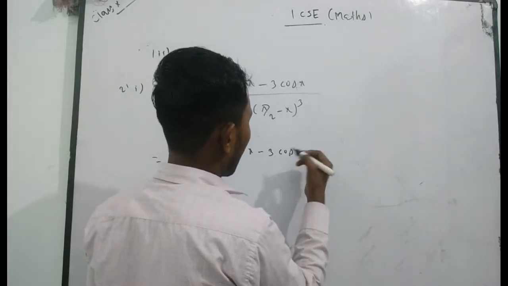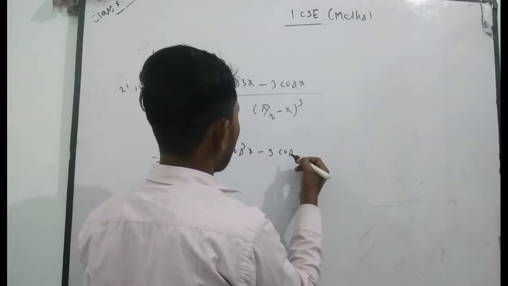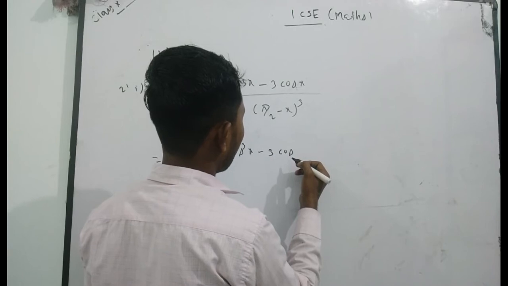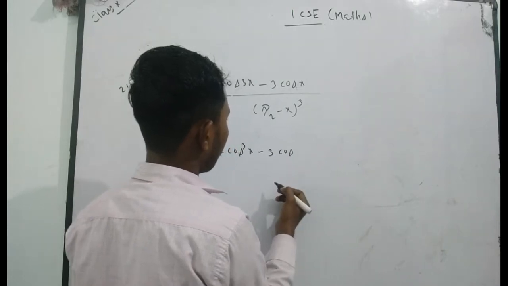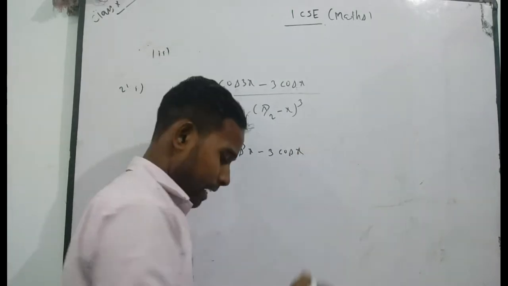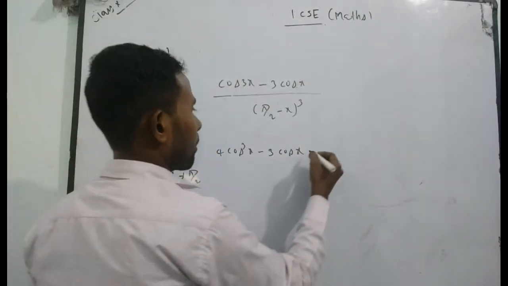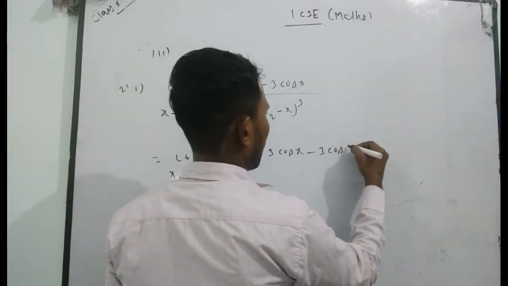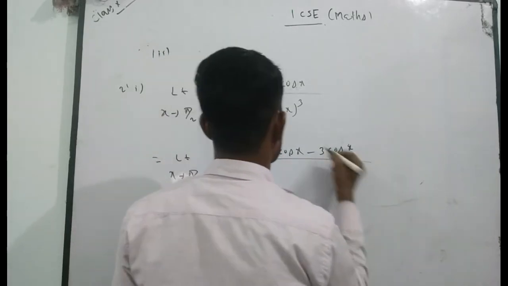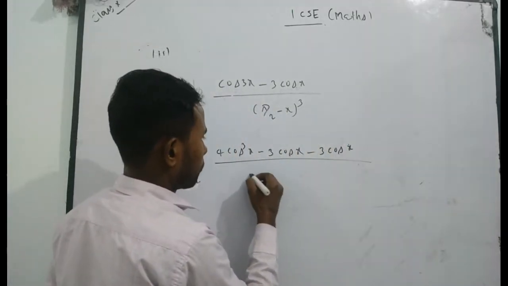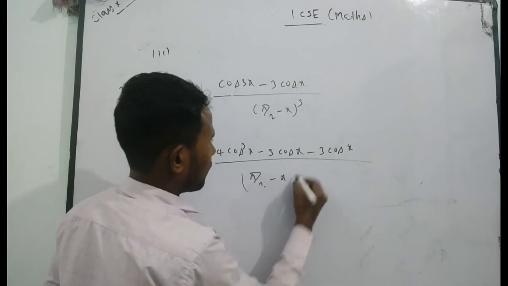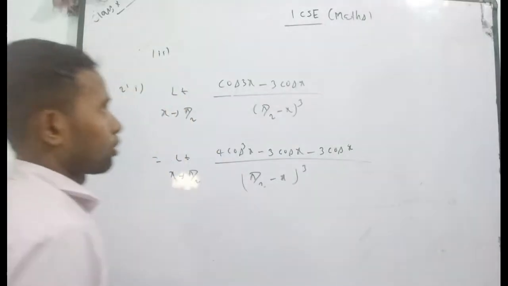So 4 cos cube x minus 3 cos x minus 3 cos x divided by pi by 2 minus x whole cube. Have you understood?